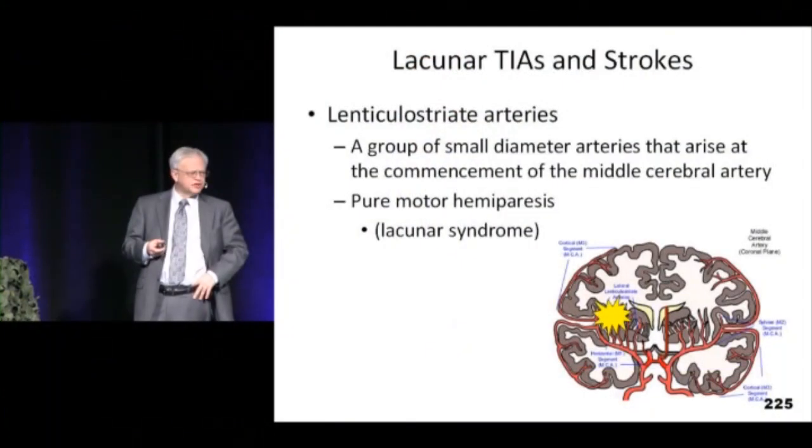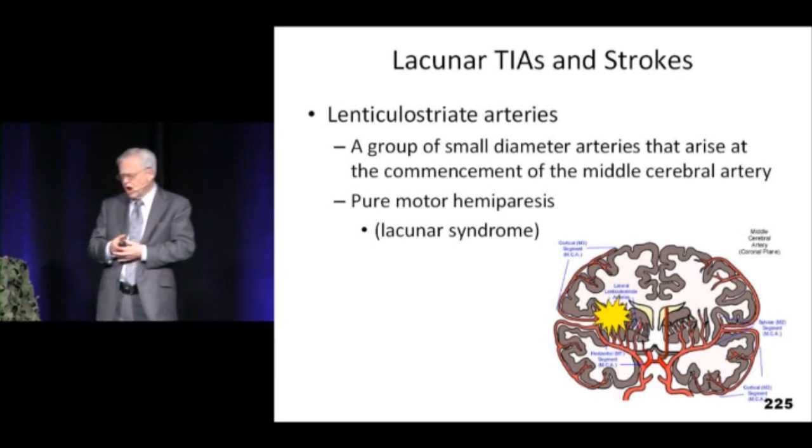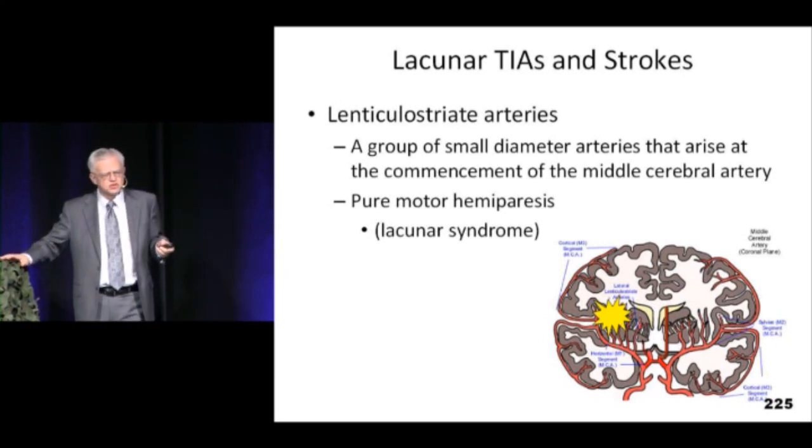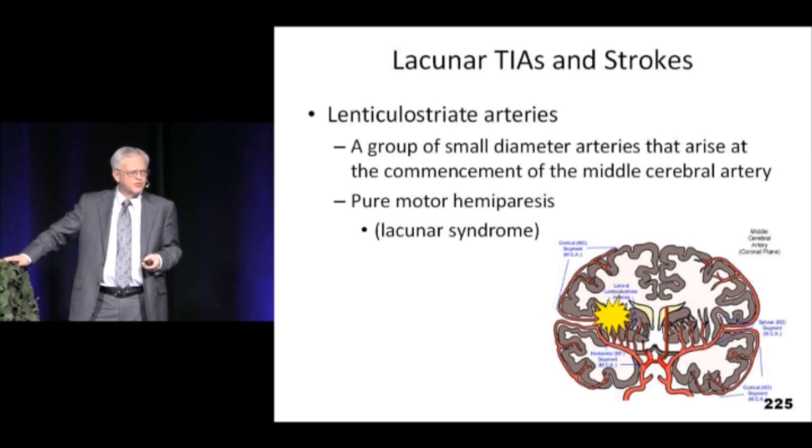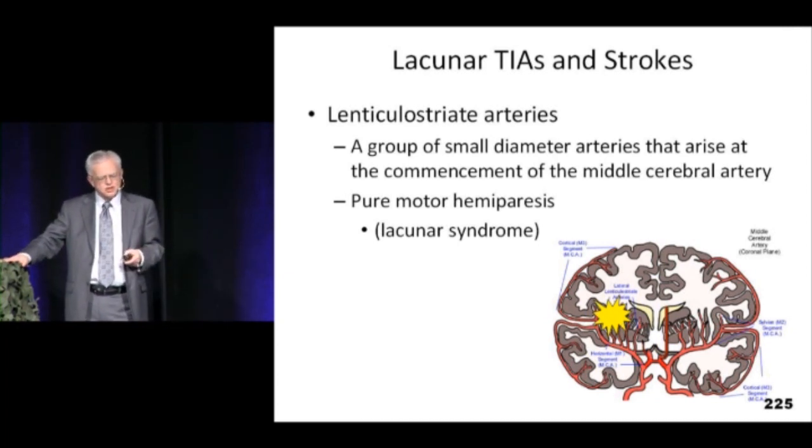All right, what are lacunes? This is a C. Miller-Fisher finding. Miller was probably one of our most famous neurologists in the United States. Very interesting guy. C. Miller-Fisher found out that there'd be little tiny penetrating arteries in the brainstem which cause problems. These are small diameter arteries that arise mostly from the middle cerebral artery, but they can give you pure motor hemiparesis.